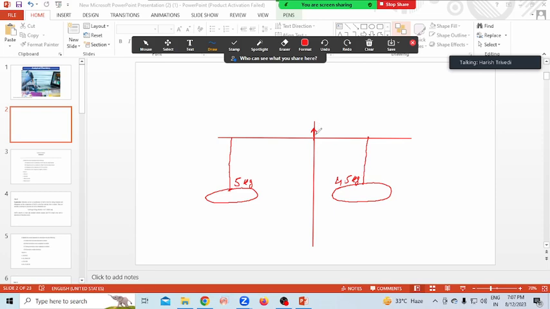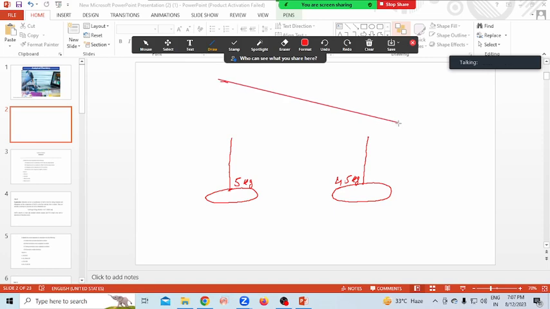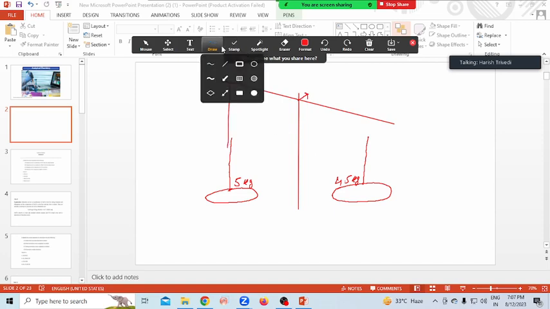Now what will happen is the middle point will change, and the needle will be like that. Sorry, it is just a reverse.